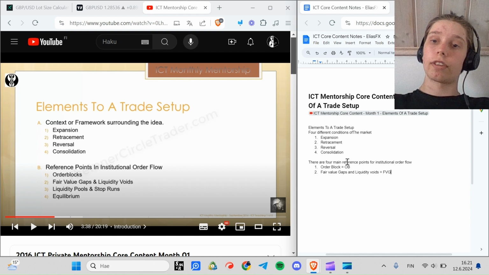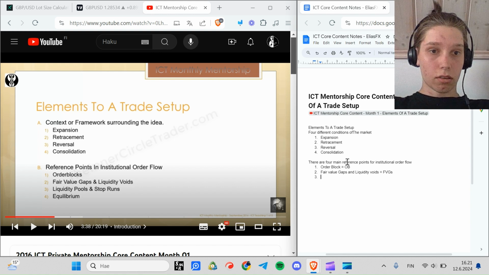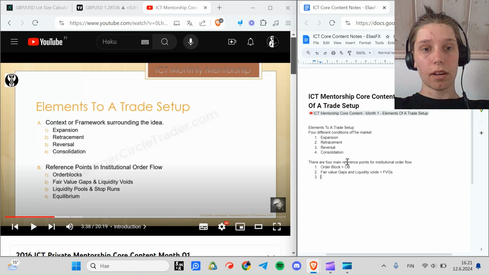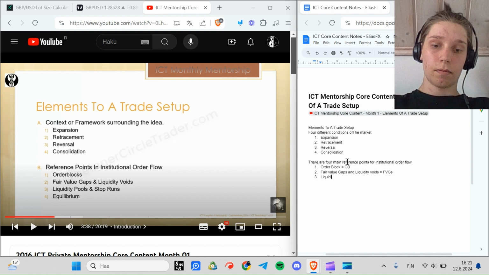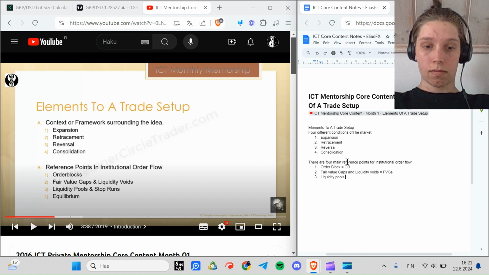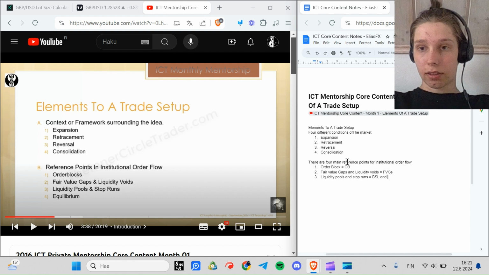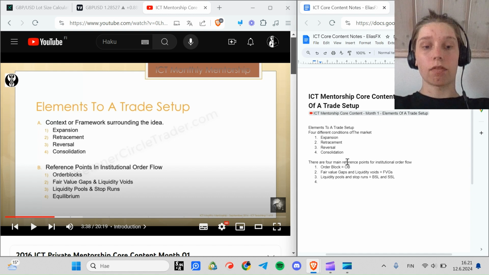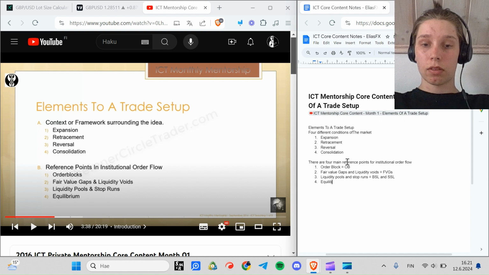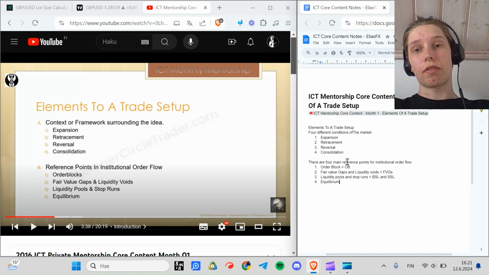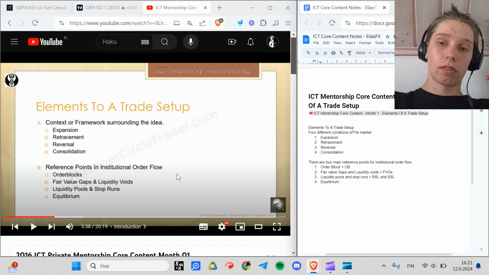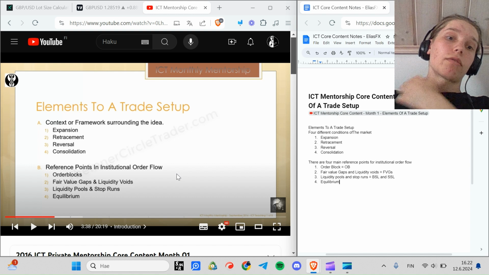We are just going to shorten it to FVGs, liquidity pools and stop runs. We have basically buy side liquidity and sell side liquidity. And for equilibrium, which is basically just 50% of a given price leg, I'm sure he's going to get more into that.